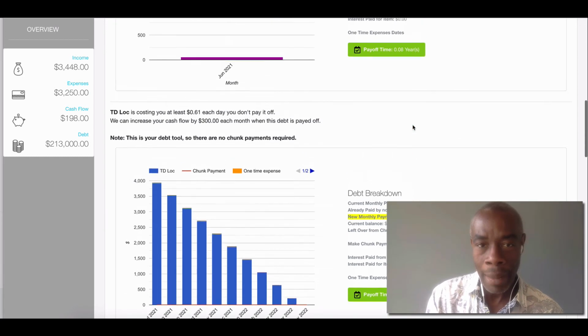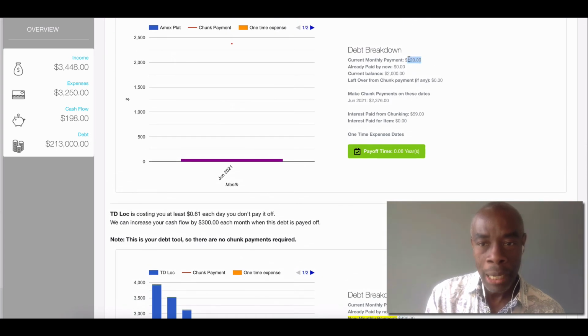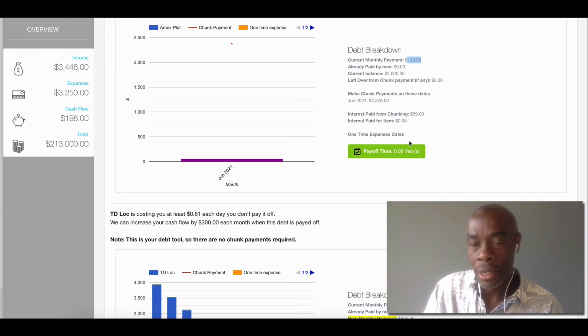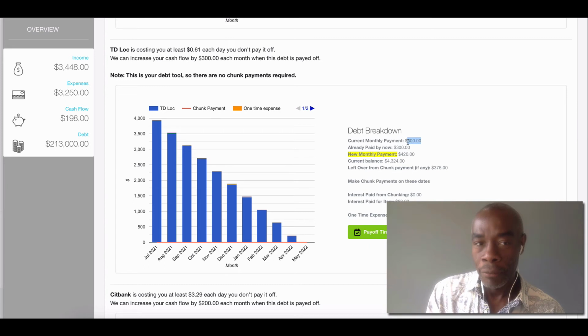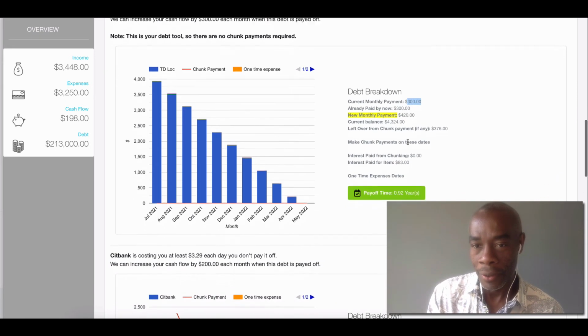Right? So let's recap. You were paying $120 for Amex, but that's paid off, so now you have that extra $120. And you were paying $300 for your line of credit. Once that's paid off, you get an extra $300.